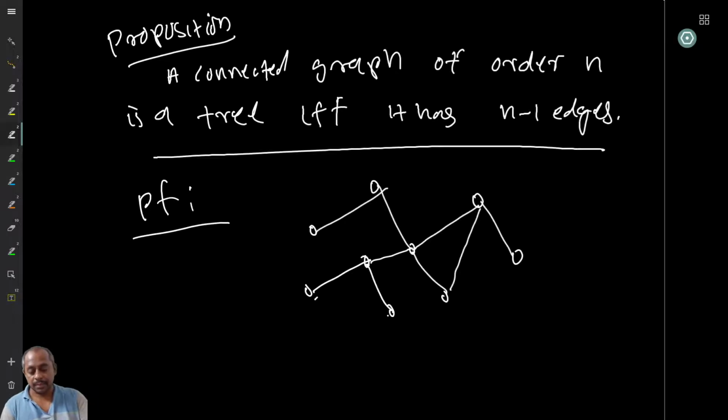So therefore, we see that if the graph is a tree, which means connected and acyclic, then it has exactly n minus 1 edges, because it cannot have more than n minus 1 edges, since once it becomes connected, you cannot add any more edges. And to become connected, you need n minus 1 edges.